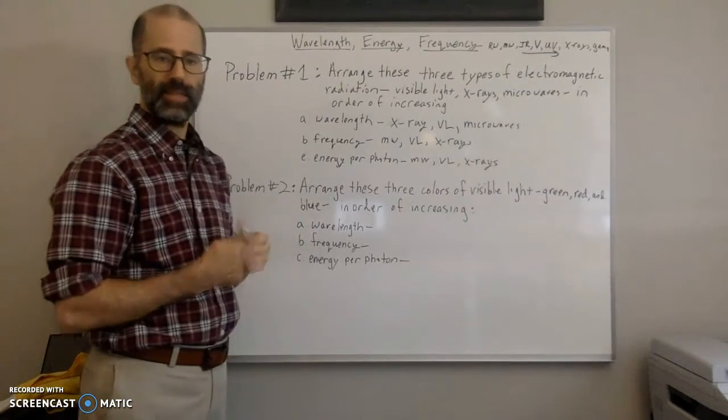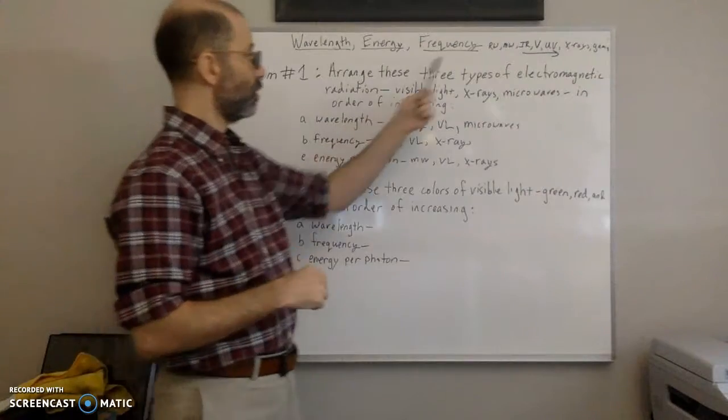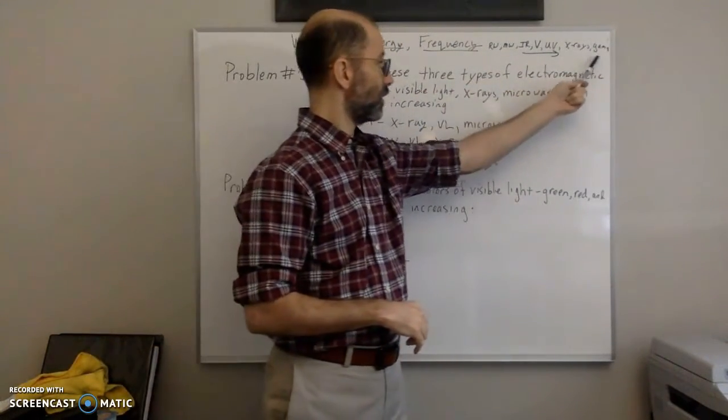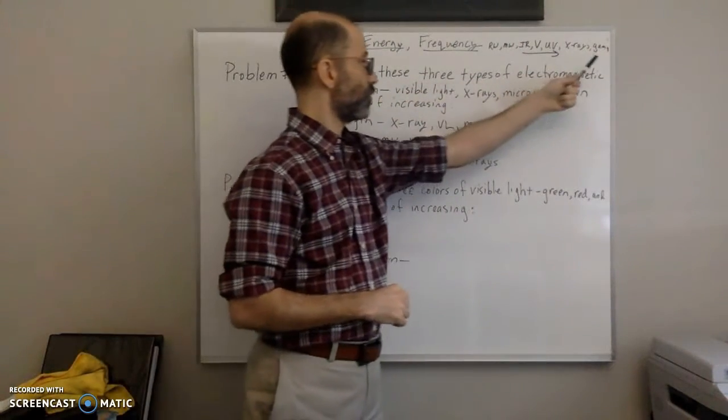And that's it. That's how you can figure these out. Again, you just need to know what the order of the electromagnetic radiation is, followed by knowing one of these two extremes.